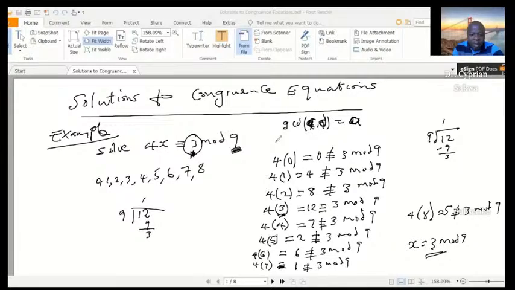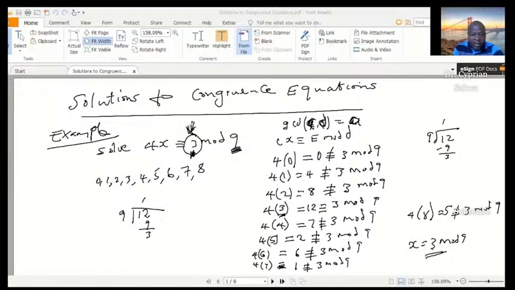where I have something like this, Cx is congruent to E mod D. So I'll get the GCD of C and D. If that GCD is A, I will check to see if this A would divide this remainder.